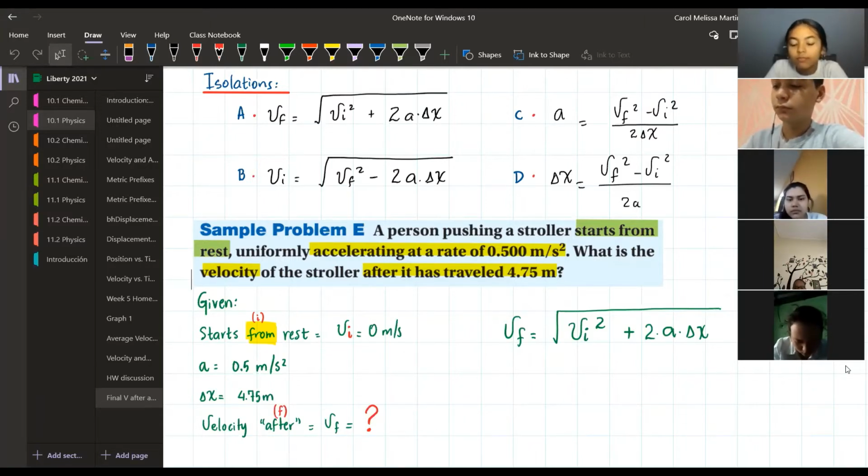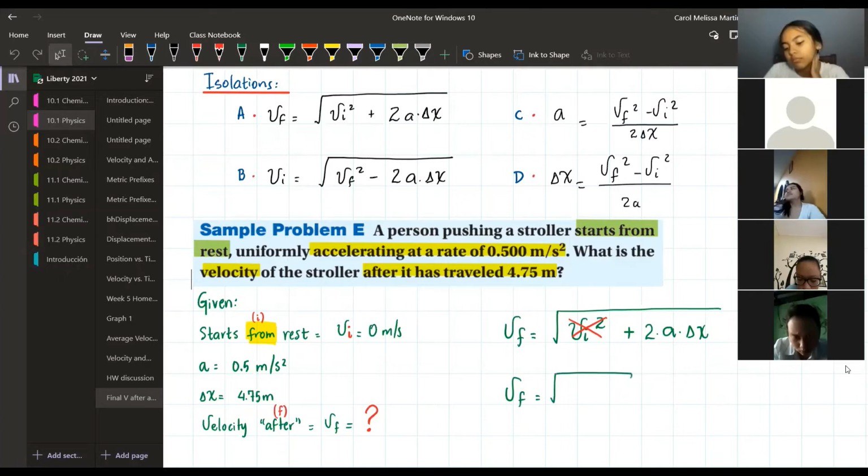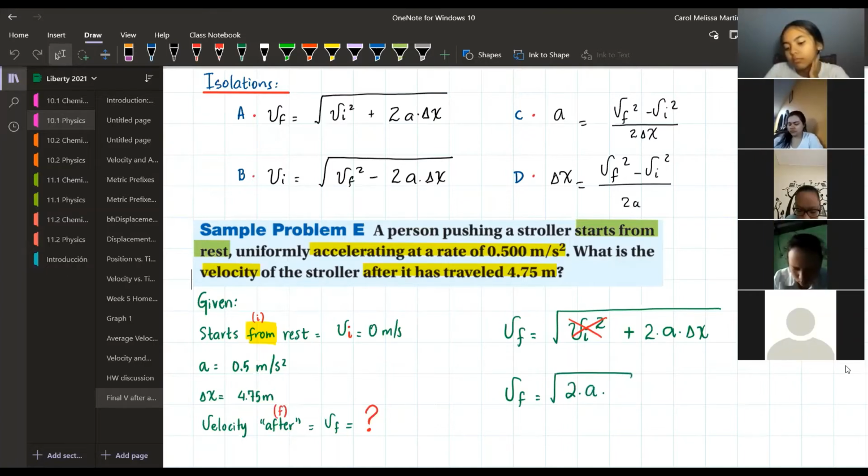So now you just plug in the givens. Remember the initial velocity we know is 0, so we can just get rid of this part. And so now the equation is even simpler: 2 times a times delta x.